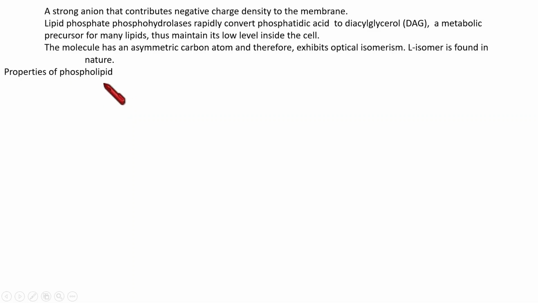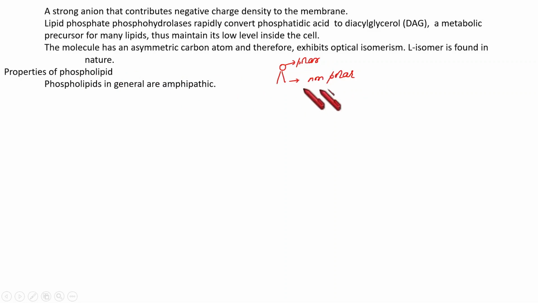Generally, what are its other properties? They're amphipathic. We know what amphipathic is: any molecule that has a polar part and a non-polar part. So phospholipids possess a polar hydrophilic part and a non-polar hydrophobic part.